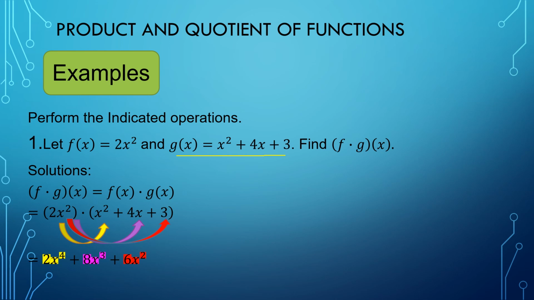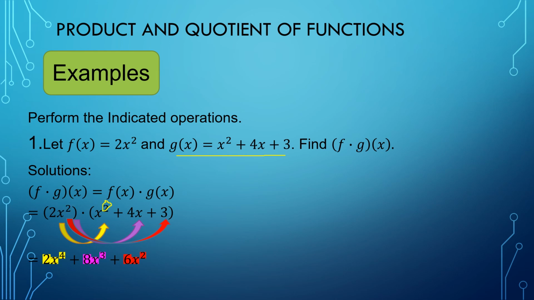In this case, we have 2 times the coefficient of this one, that is 1. So 2 times 1, that is 2. Then we have 2 plus 2, that is 4. So therefore, the yellow arrow will have an answer of 2x to the 4.